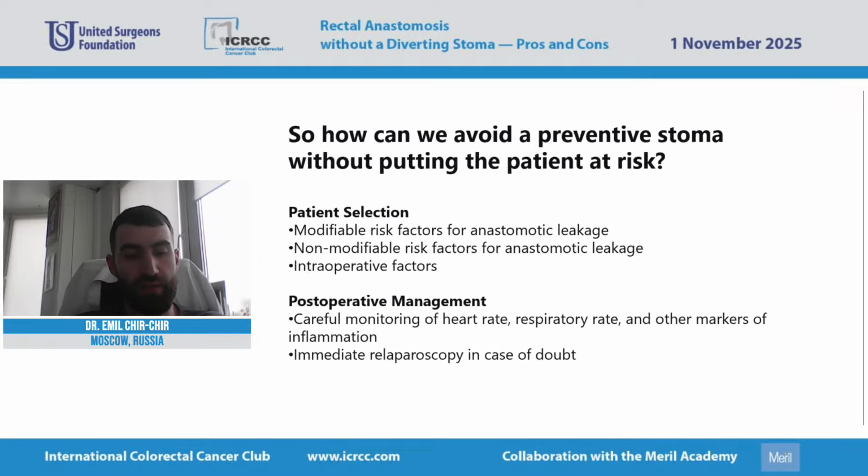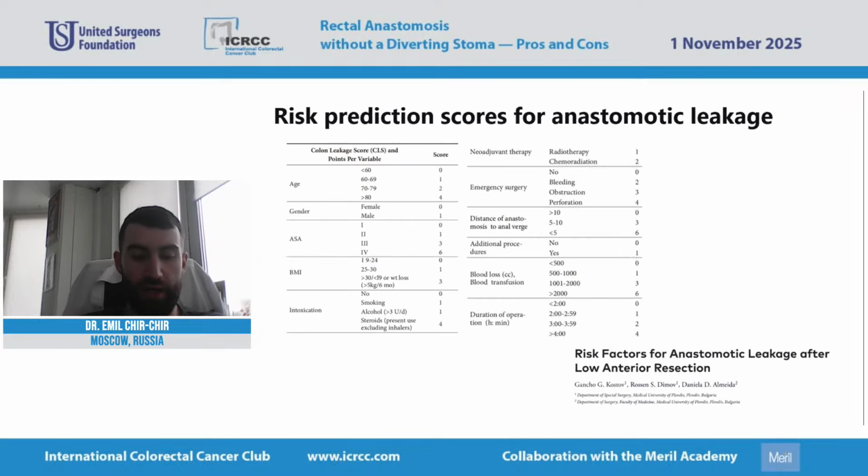Then we asked the following question: how can we avoid a preventive stoma without putting the patient at risk? We saw the answer primarily in selecting patients based on their risk level for complications and in careful dynamic monitoring after surgery. But how to select patients?